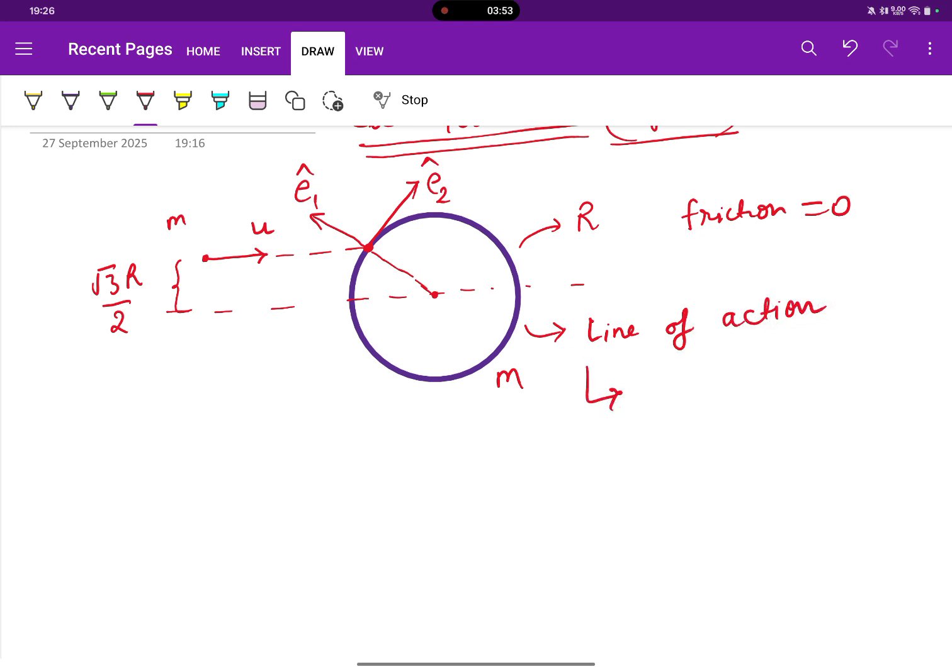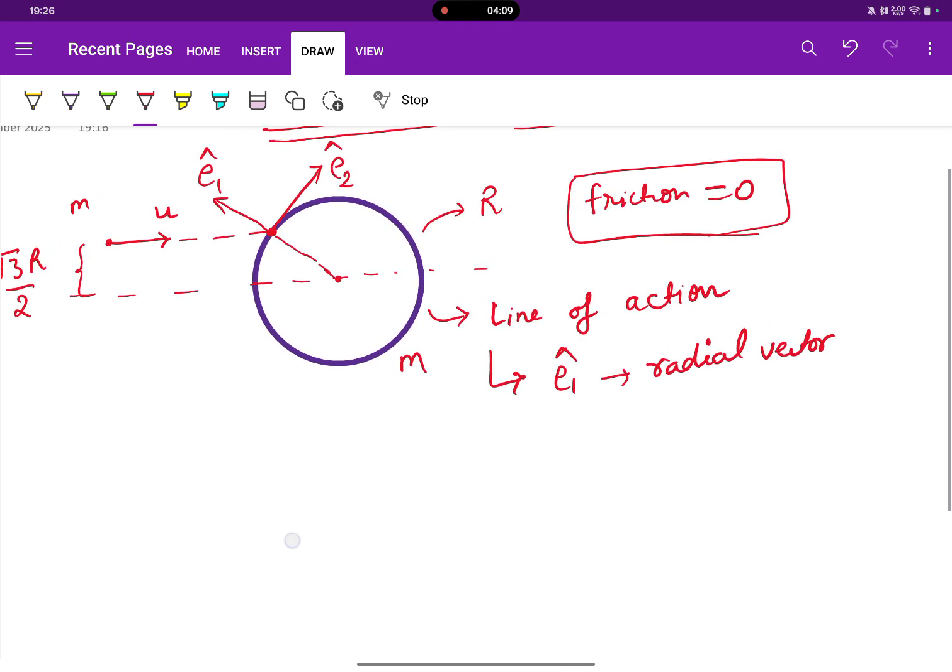Line of action is going to be the E1 cap, which is nothing but the radial vector. I hope you understand. Now because friction is absent, there is no force or no impulse going to act along E2 cap.